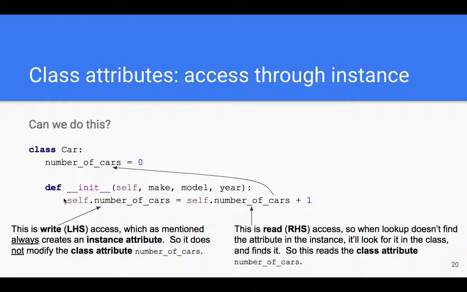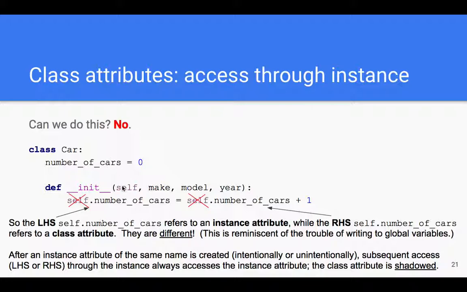Because this is self, this is instance, dot attribute, and it is on the left hand side. So this one is an instance attribute, and we assign the value to a newly created instance attribute. So this does not refer to the class attribute at all. So that's why it doesn't work.